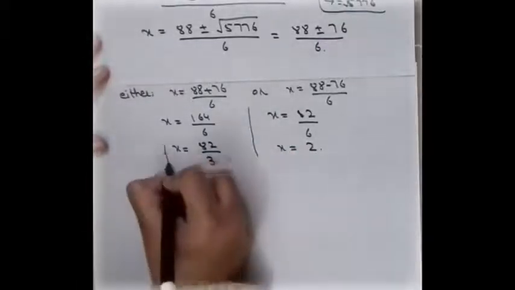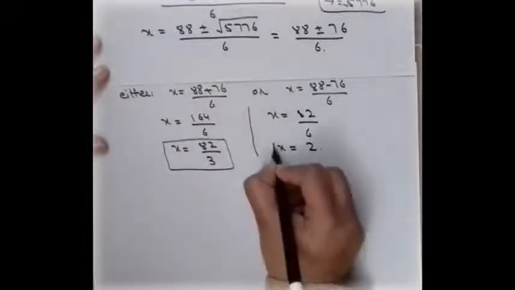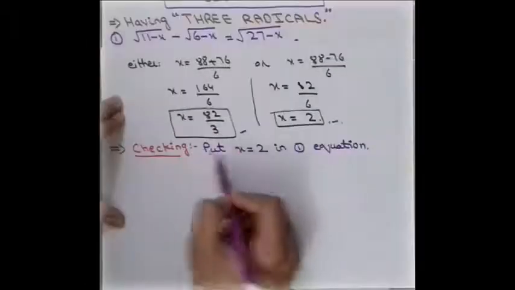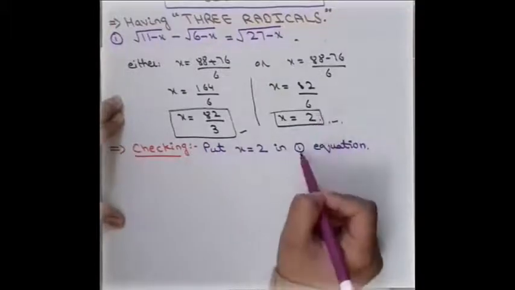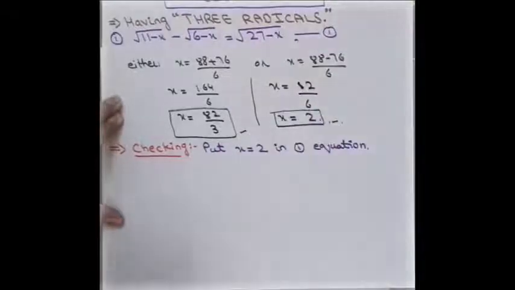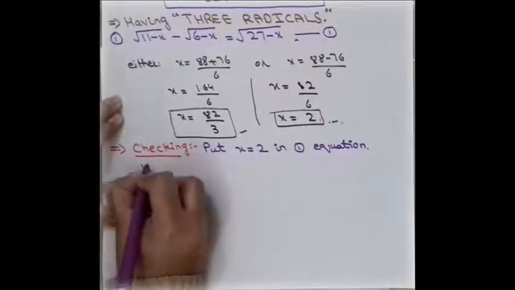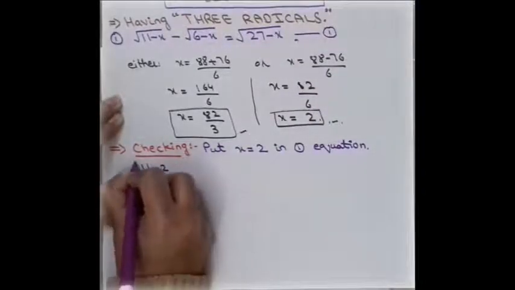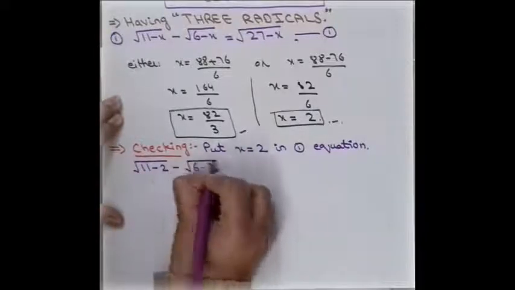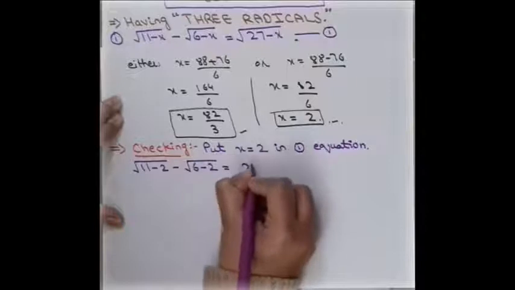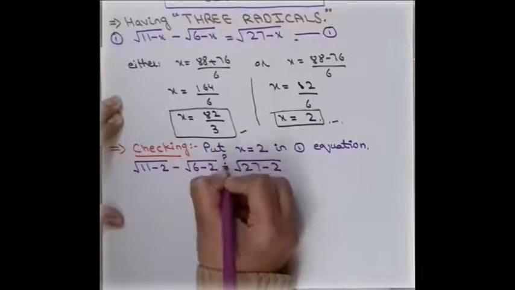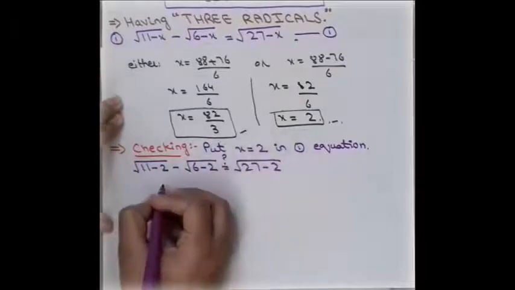So now we check the solutions for extraneous roots to find the solution set. For checking, put the value of x, which is 2, in equation 1, and we check whether the equality holds or not.